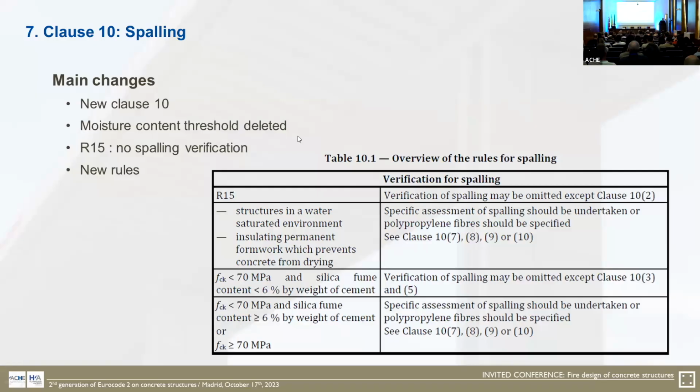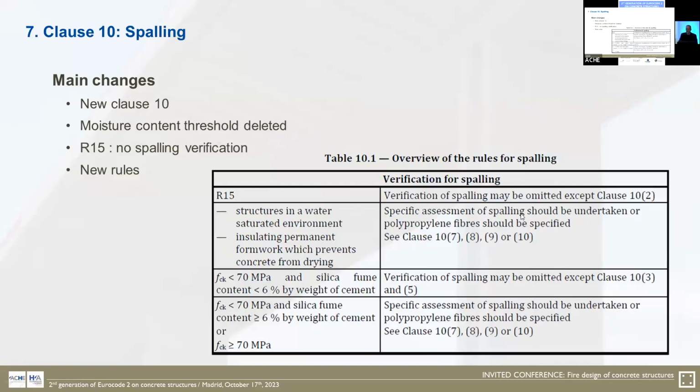So what I was mentioning before, for R15, verification of spalling may be omitted except for a clause, which I'll show later. Then there are structures in a water-saturated environment or insulating permanent formwork, which prevents concrete from drying. So in a certain sense, no clear indication as regards moisture content is given, but these are clearly structures where water plays a role.